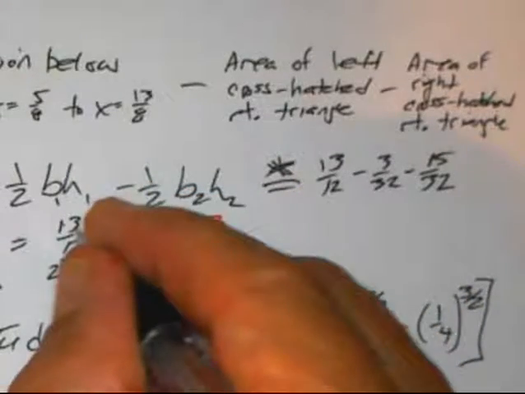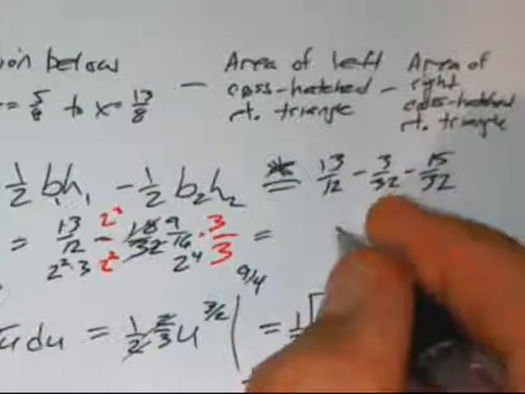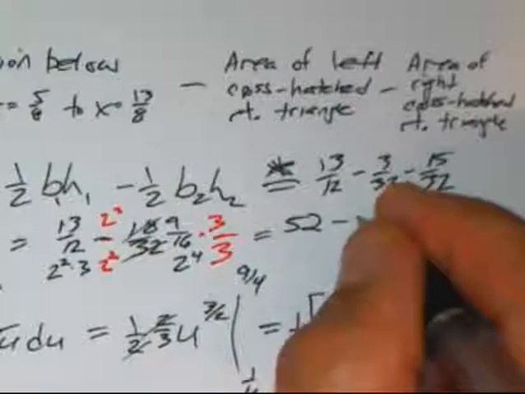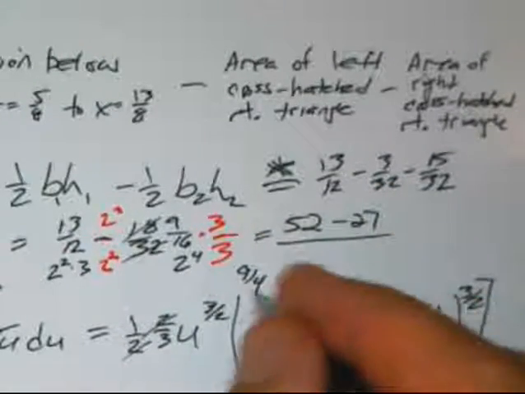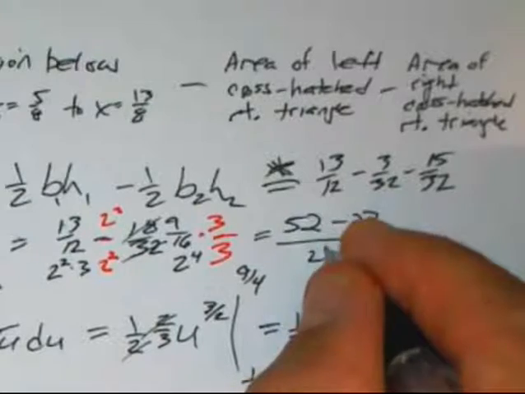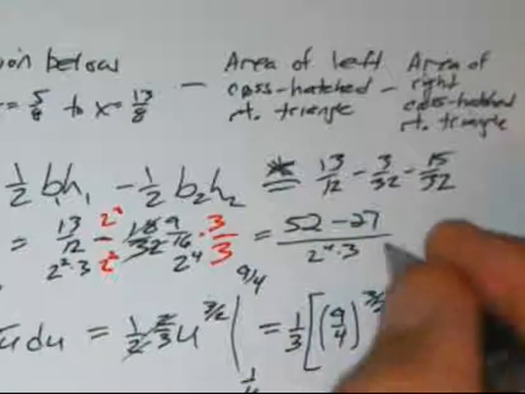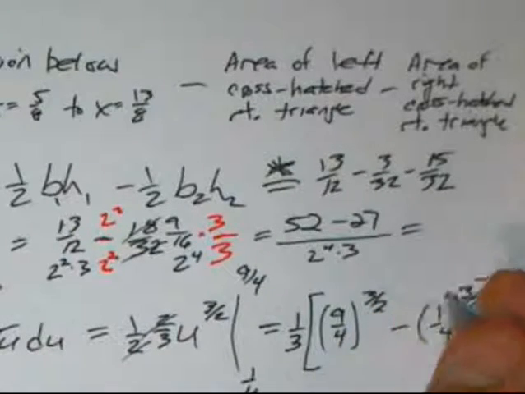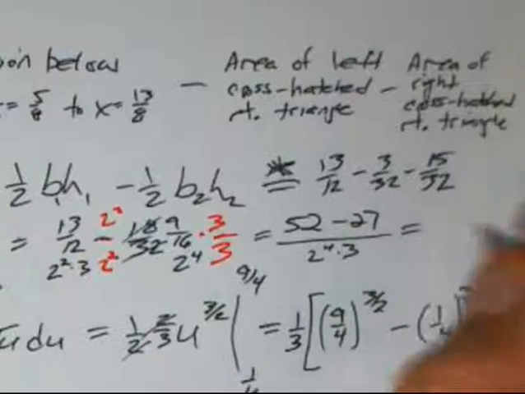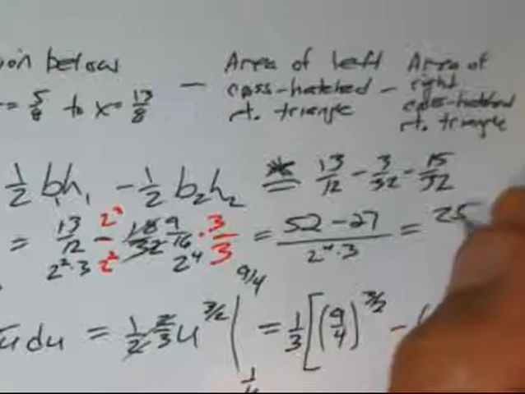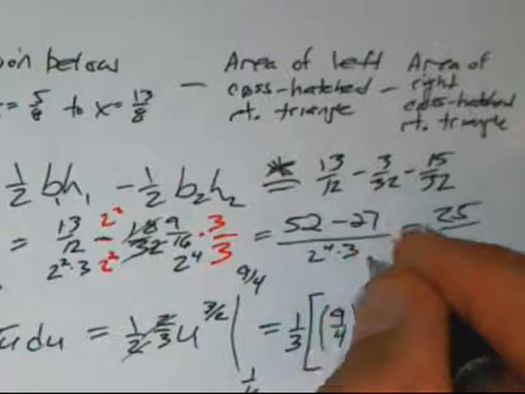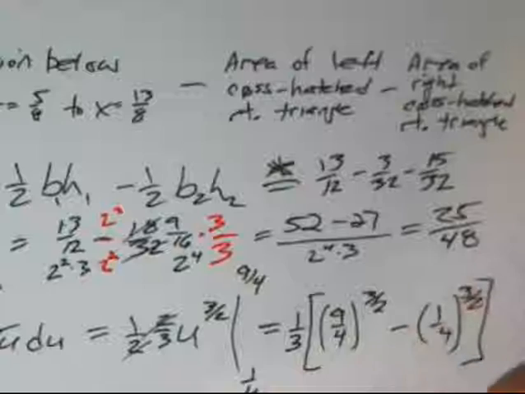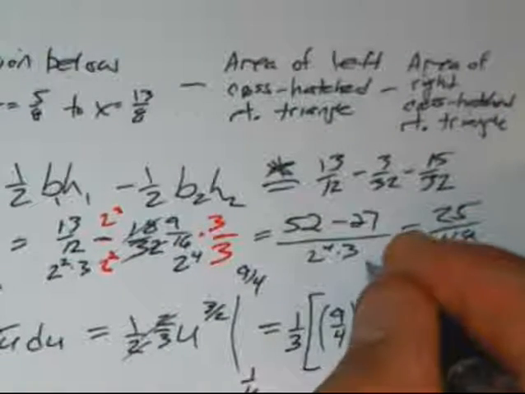Okay, 2 squared, 4. 4 by 13, we're up to 52 minus 9 by 3, 27, over the 2 to the 4th by 3. 52 minus 27, let's see, that would be 25. Nothing's going to cancel down here. Let's just multiply this. That's 16 by 3, 48. Okay, square units.